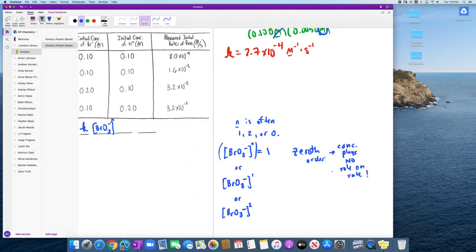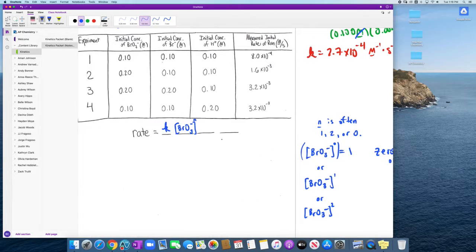Even if that number changes, say it's dropping or increasing, it wouldn't matter. In the rate law, if this expression contains a 1 in it and we're doing multiplication, even if that concentration is changing, its concentration plays no role on the rate.